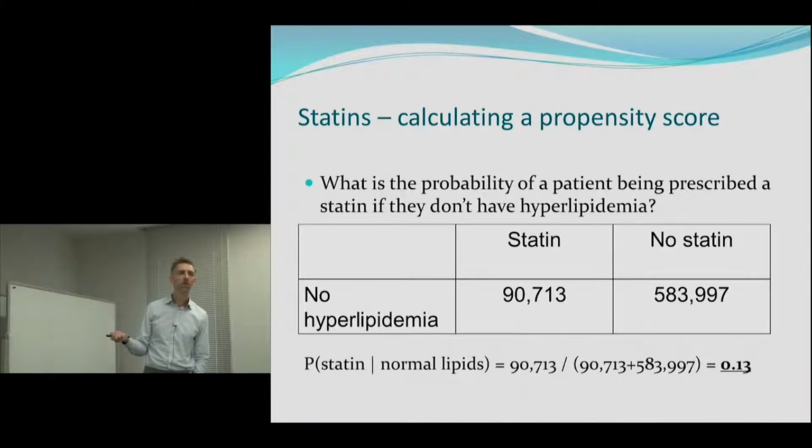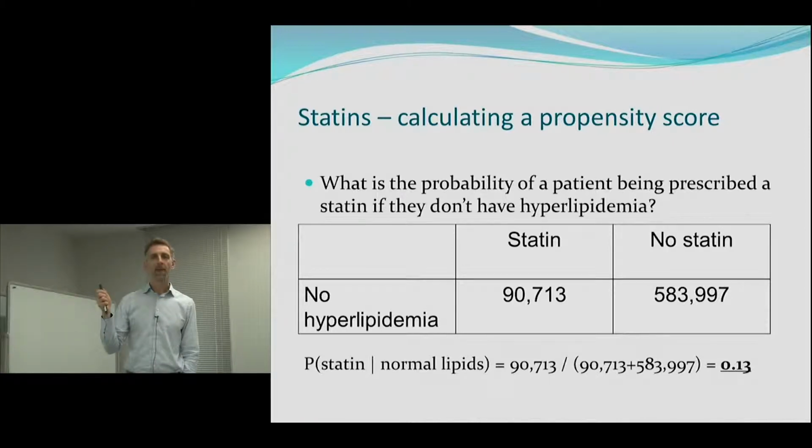This would give us a number of 0.13. So it would mean that everybody in the whole data set, regardless of whether they're taking a statin or not, would have a probability of taking a statin of 0.13. Yeah, everybody with me? Great.